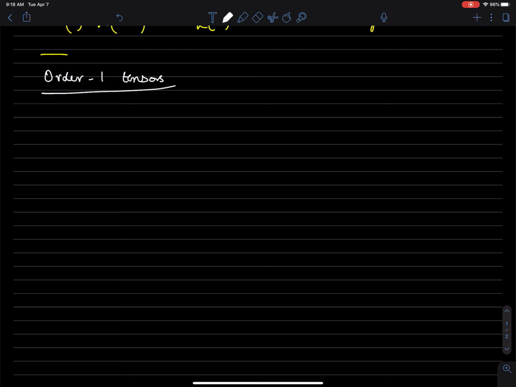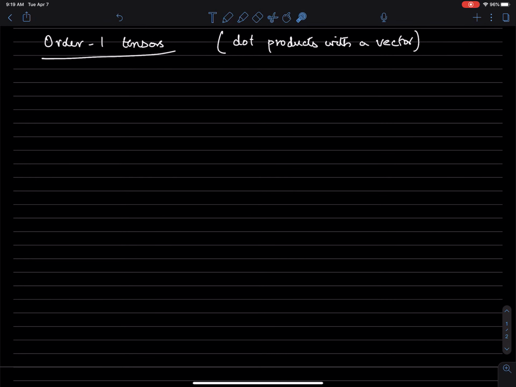Okay, and we will show that they're very similar to basically dot products with a vector. Okay, so this is not obvious, like what does this mean? We'll expand on what that means in a minute.